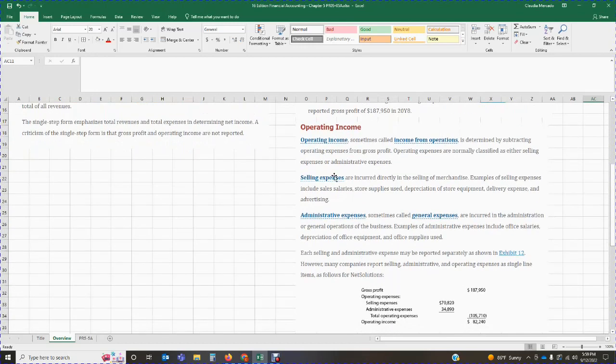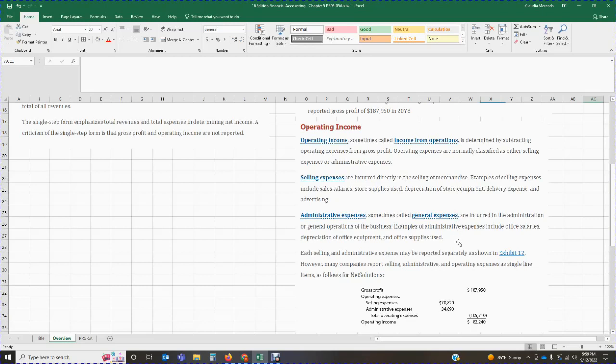It's very important that we know the difference between the two. Selling expenses are incurred in the selling of the merchandise, any expenses that you encounter to sell the merchandise. Examples include sales salaries, store supplies used, depreciation of store equipment, delivery expense, and advertising.